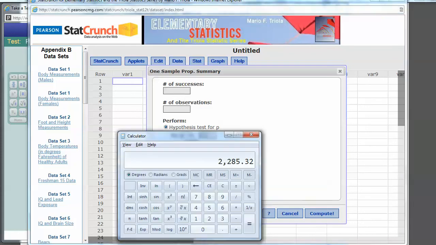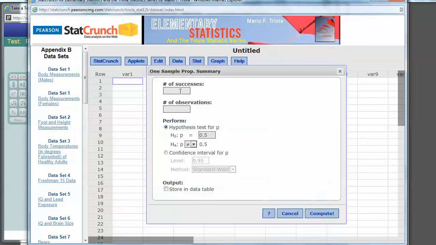I can still fake it here, 2285. I don't know if it lets me put in decimals. Number of observations, 3007. And we're going to do a hypothesis test where we're assuming that the null is 75% and the alternative is not equal to 75%. Let's run it.